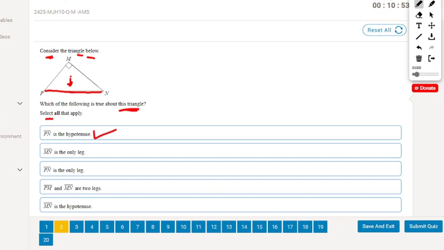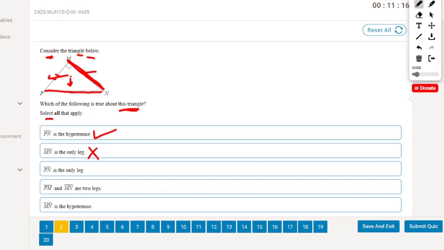Side MN is the only leg. No, we mentioned before, the side opposite the right angle is the hypotenuse and the other two sides are the legs. So this is the wrong answer.